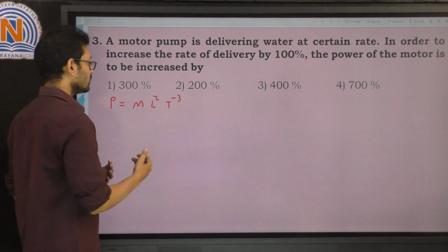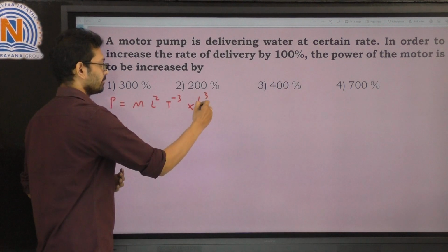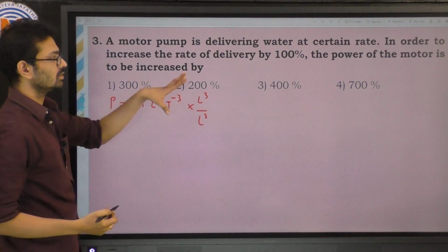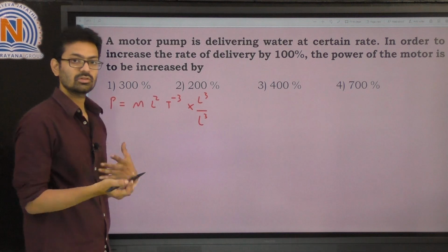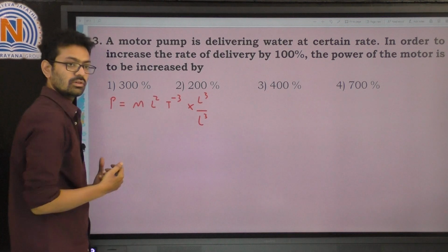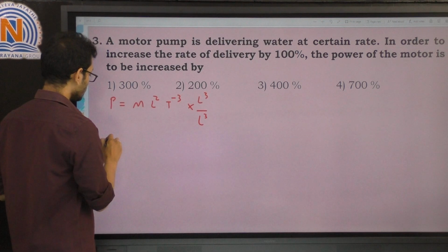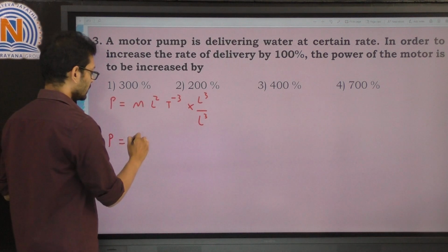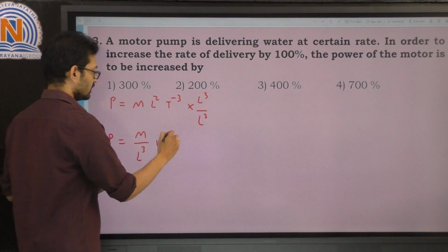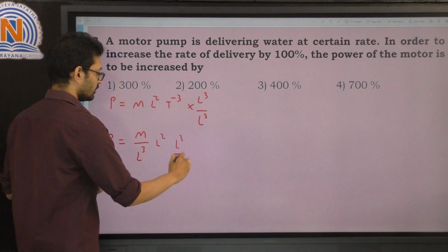Now when you multiply and divide this with L cube, in terms of velocity they asked you, that is the reason I want to convert it into the relation of velocity. So M by L cube, L square, L cube by T power 3.